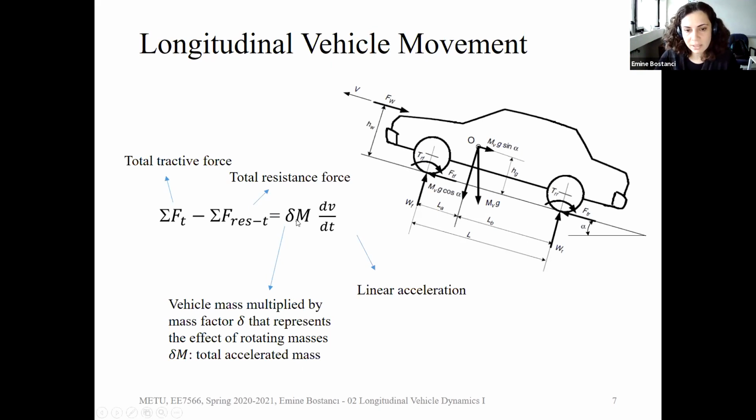And we need to include that into the mass. Therefore, we put here a delta. I will talk about how we calculate the delta. We don't need to have a perfect calculation of delta, but you need to know that the linear mass of the vehicle that you weigh and the accelerating mass of the vehicle are going to be different, since we need to also accelerate the rotating bodies.